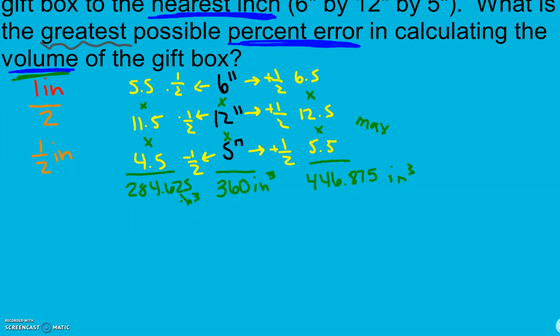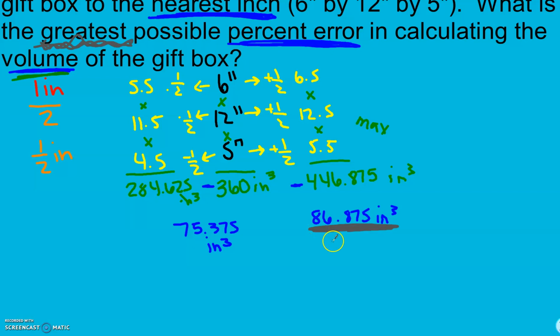So now, in order to find my percent error, I need to find my change or my difference between them. So I'm going to subtract between these two, 360 minus the 284.625, and I get 75.375 cubic inches difference. Between my maximum and my measured, when I subtract here, I get 86.875 cubic inches. Now, to find the greatest percent error, we take the greatest difference. So I'm going to use between my maximum and my measured.